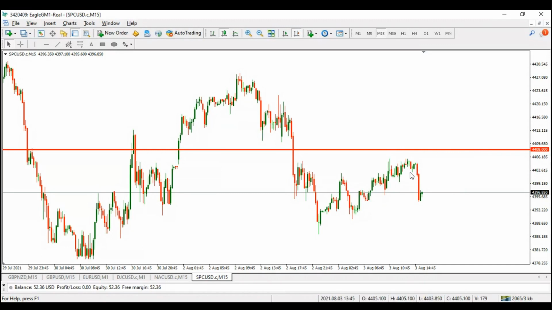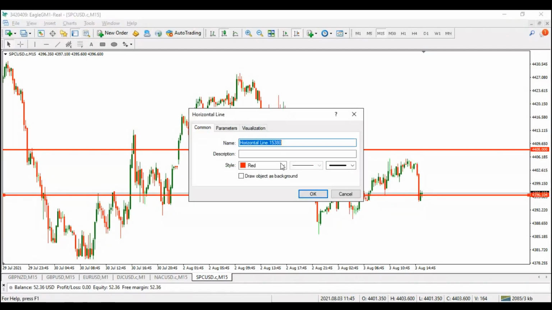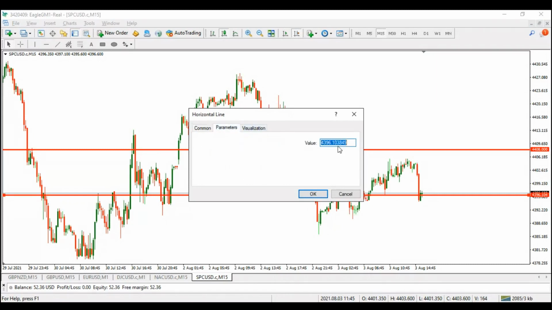They said if price is below 4408, we should look for selling opportunities. But I can't just sell. I want to add the targets, for the downside and for the upside. So they said the target should be 4372.